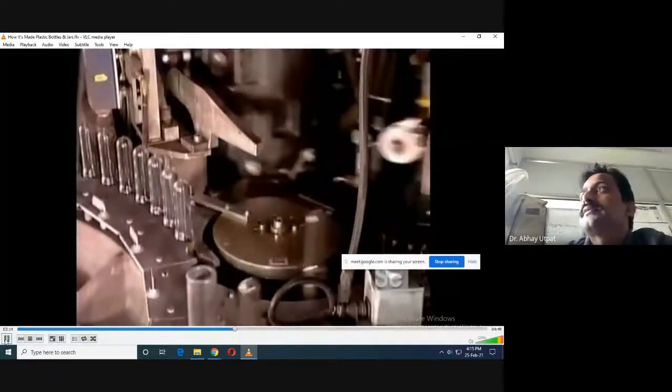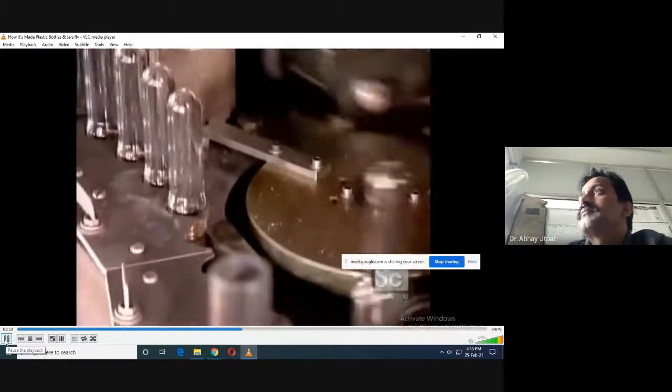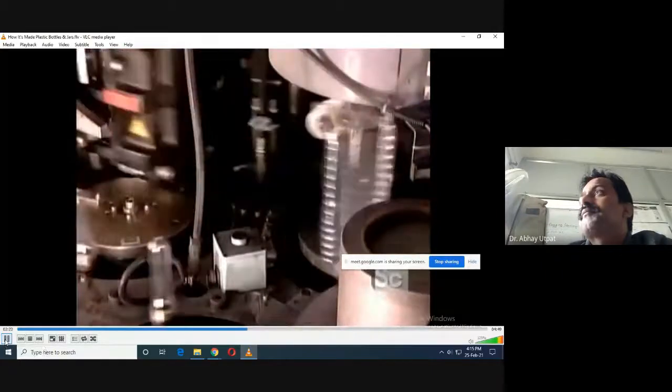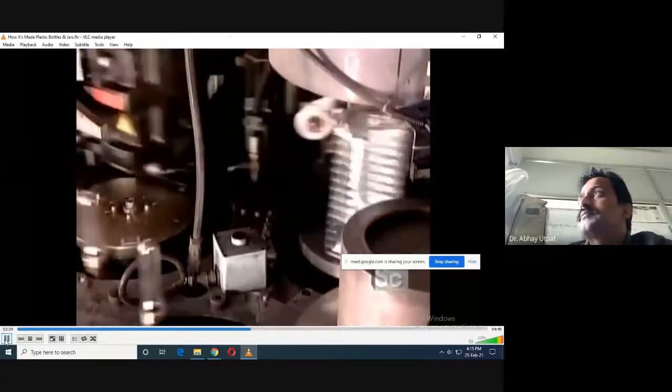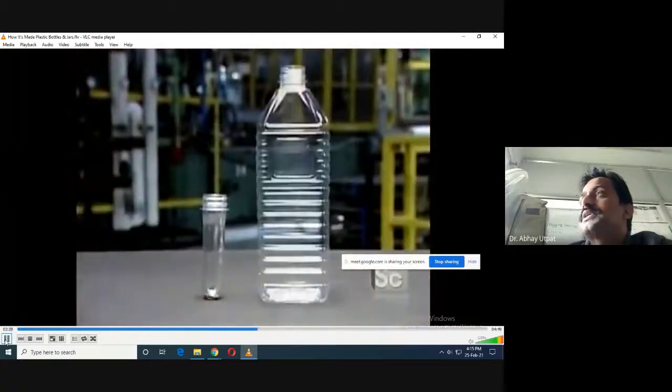Check. One side Parison is going, another side bottle is coming. This is the Parison and this is the bottle made by Parison. However, this part is same as it is.